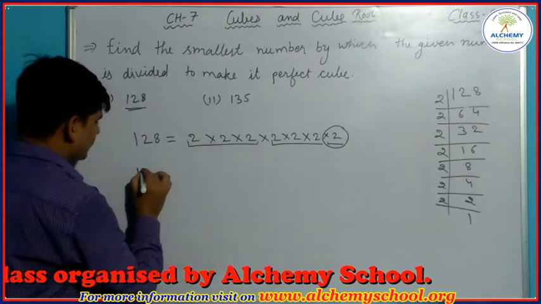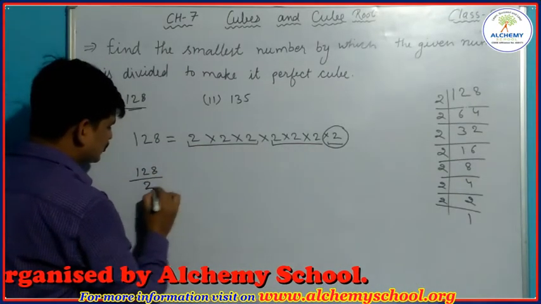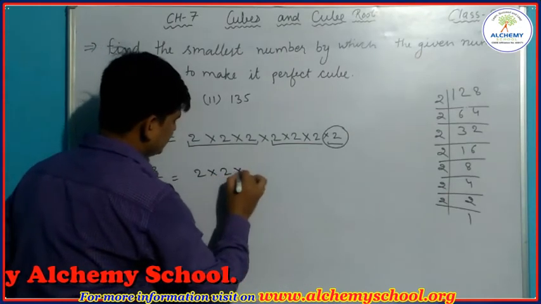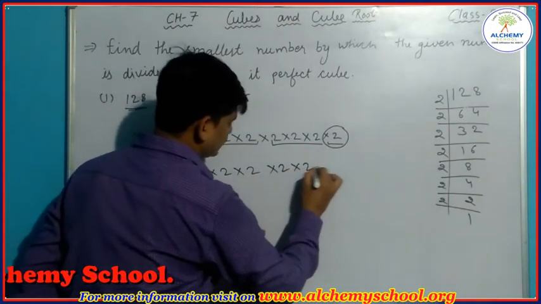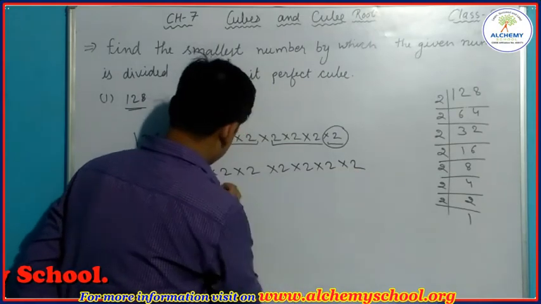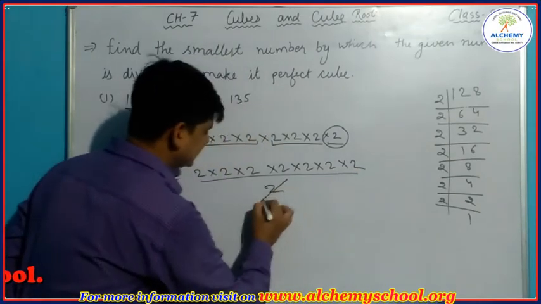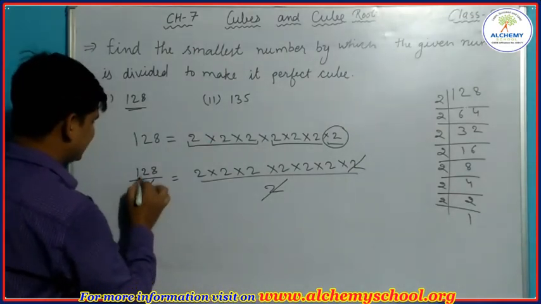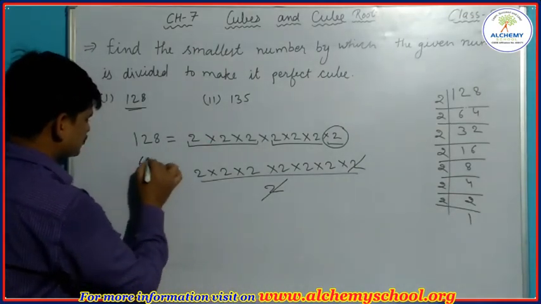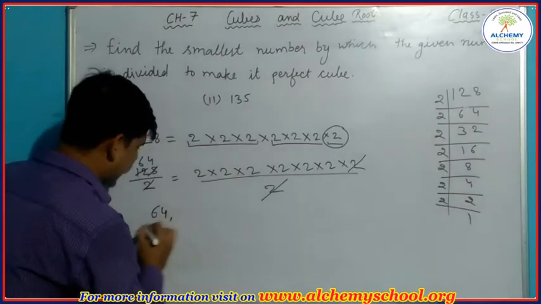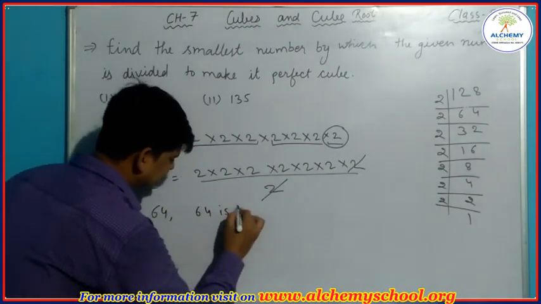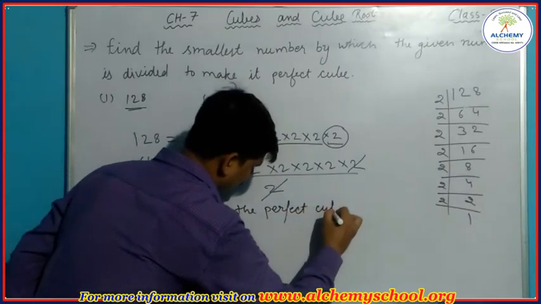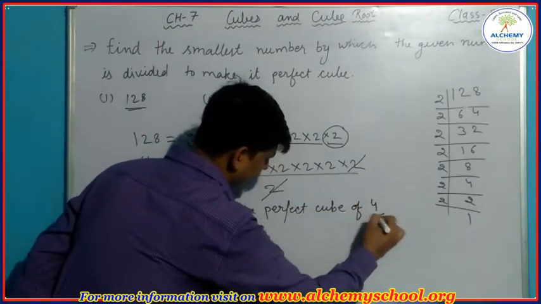So when we divide 128 by 2, we get 64, and this 64 is the perfect cube of 4.